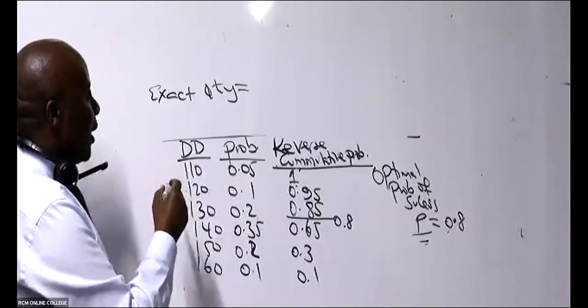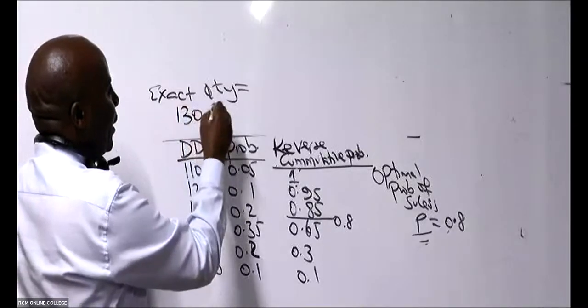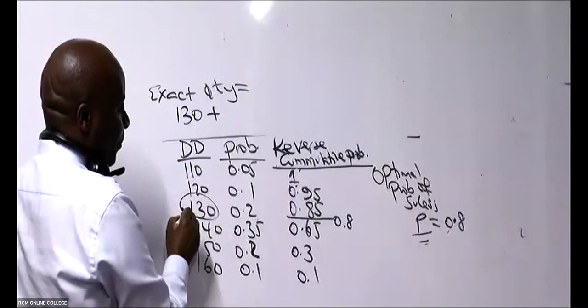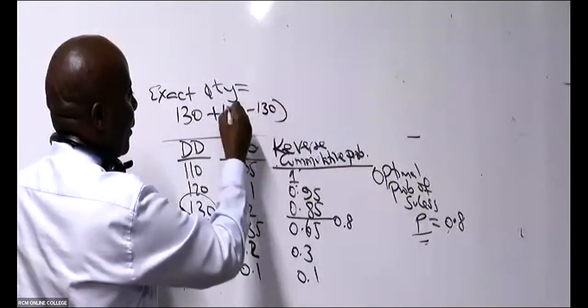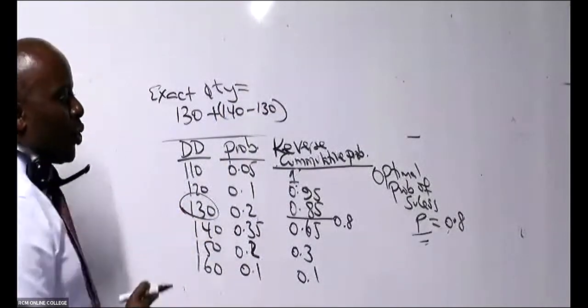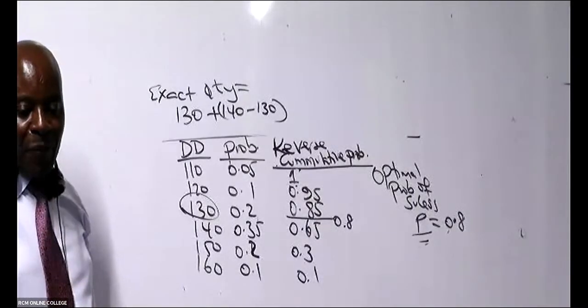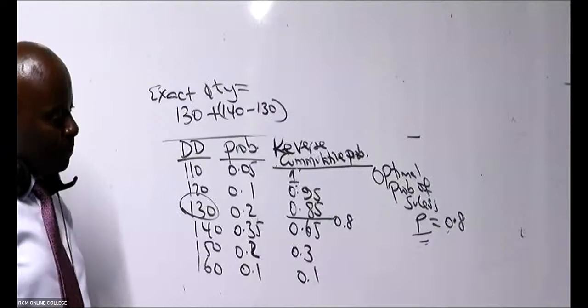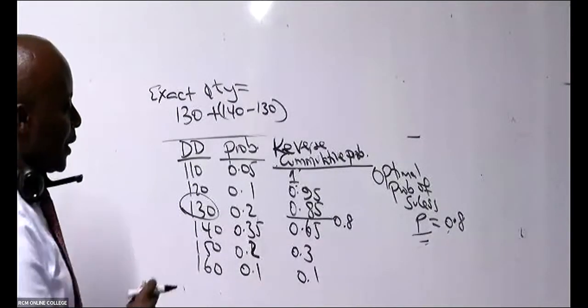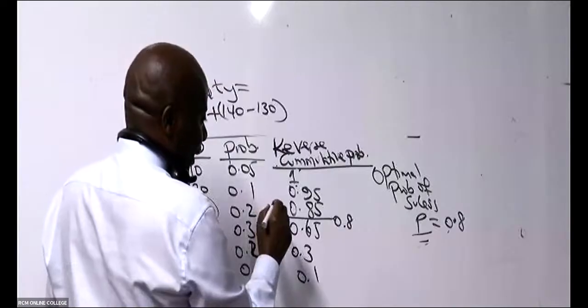So the exact here, it will be this 130. You start with the smaller one, plus 140 minus 130. This difference is what we are interpolating.